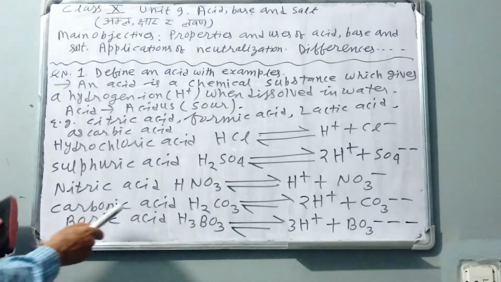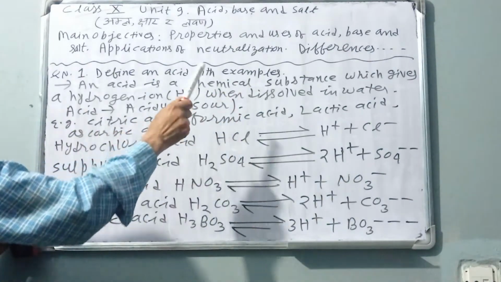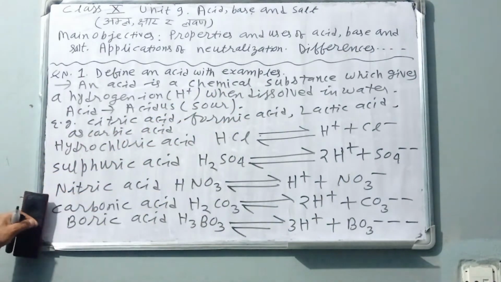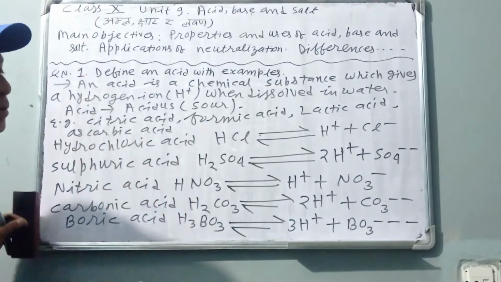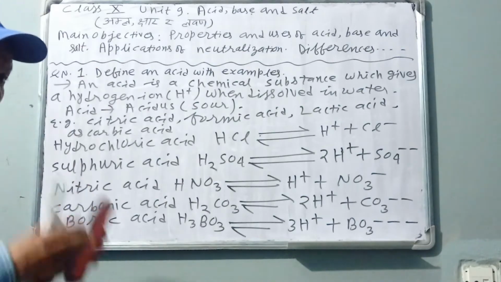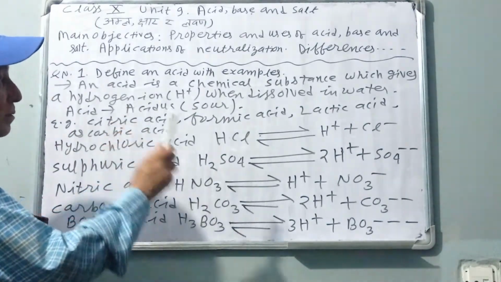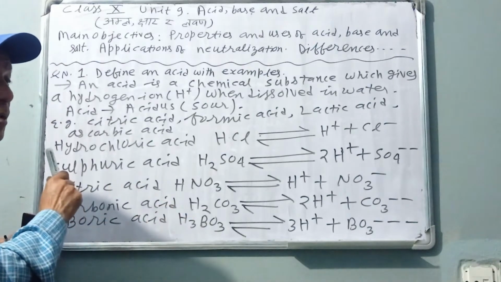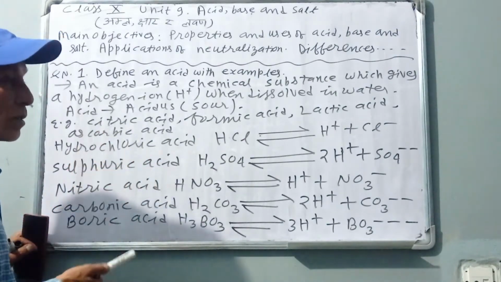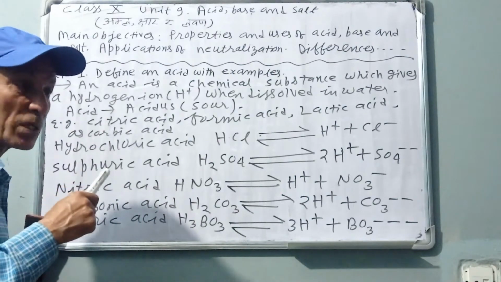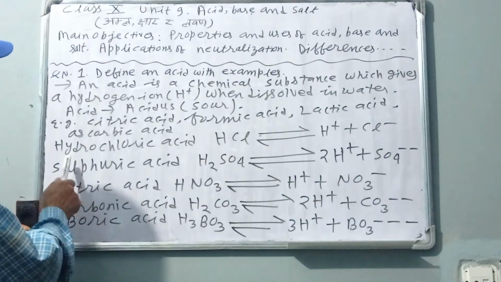So, an acid is a substance which gives a hydrogen ion in water, when dissolved in water or any aqueous solution. Mainly there are types of acids. On what basis? On the basis of source: organic and inorganic. On the basis of strength: weak acid and strong acid. On the basis of concentration: dilute acid and concentrated acid.